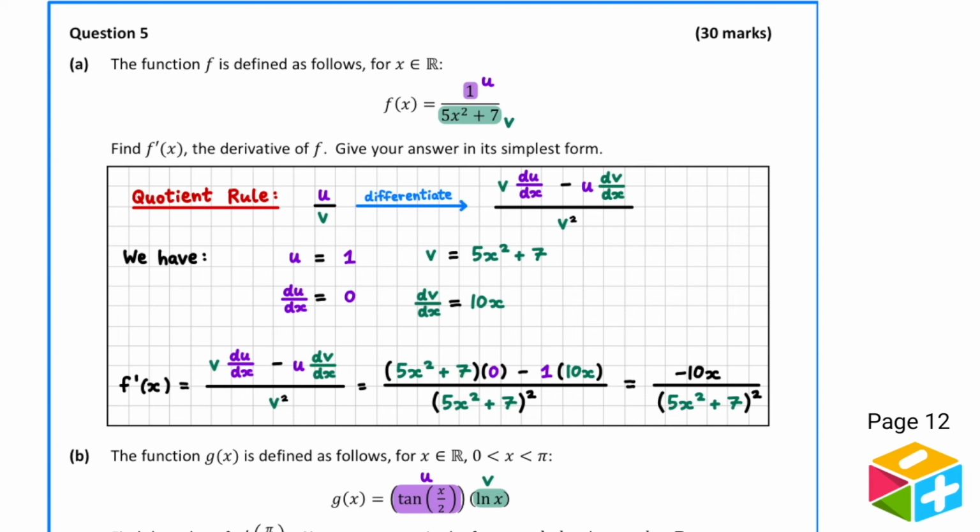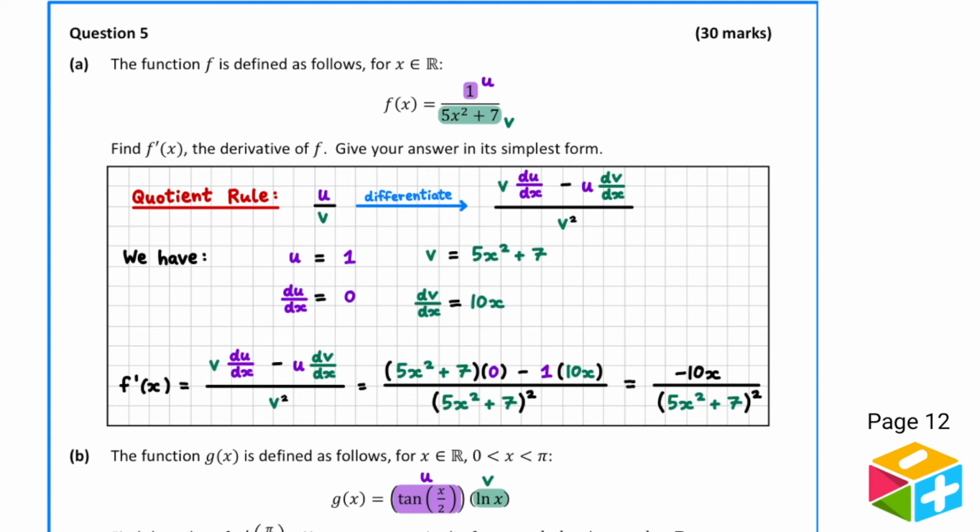In part A, we must differentiate the function f of x is equal to 1 over 5x squared plus 7. This expression is a fraction. The quotient rule can be used to differentiate fractions.